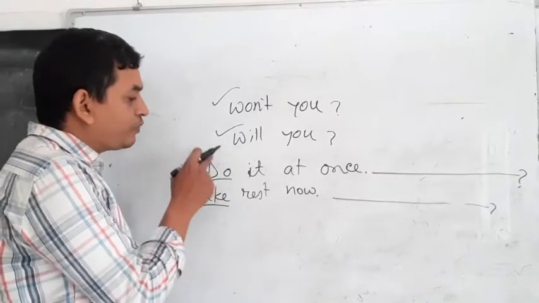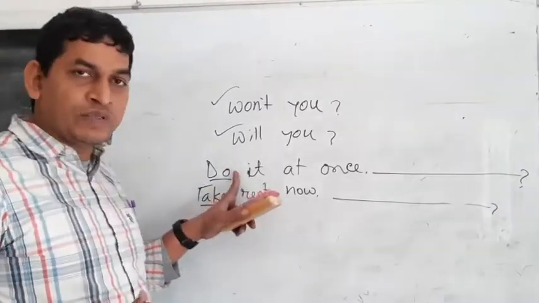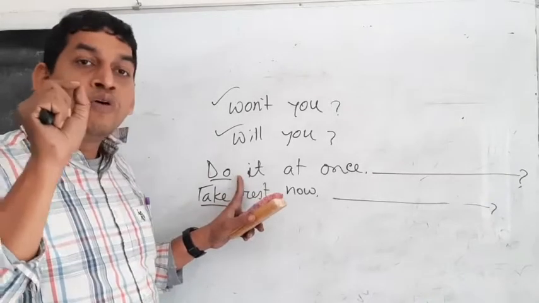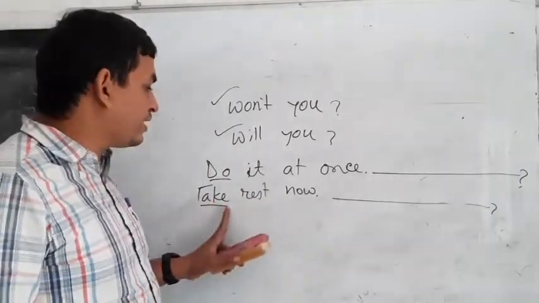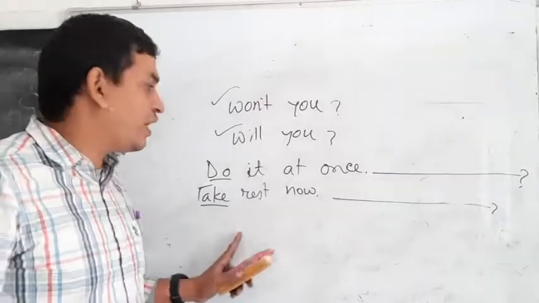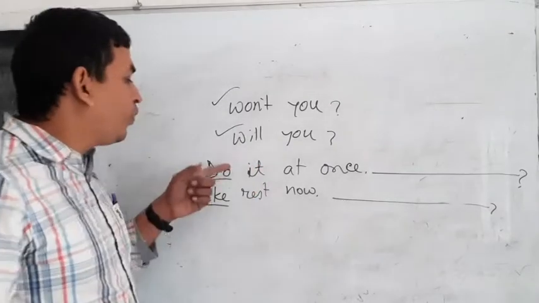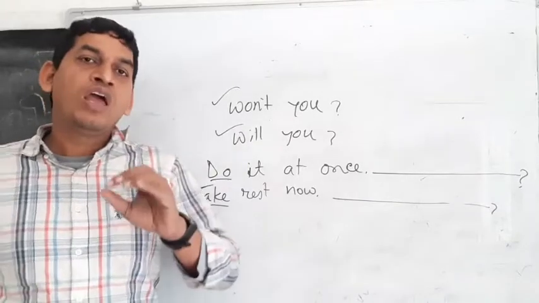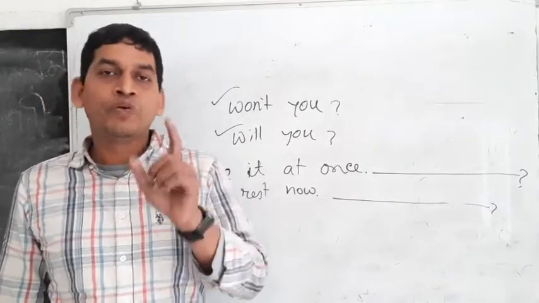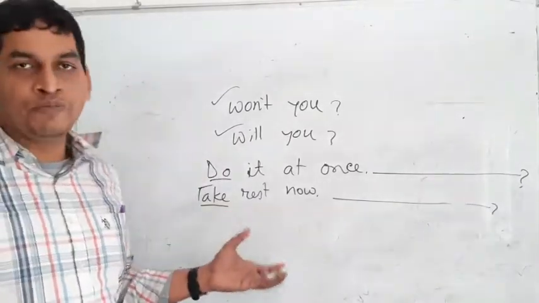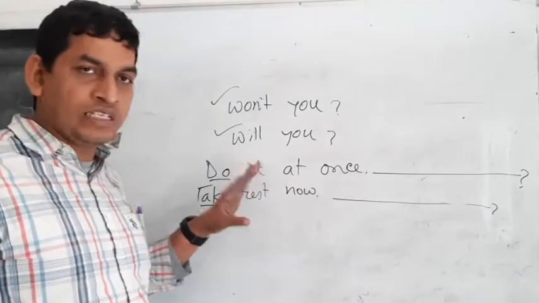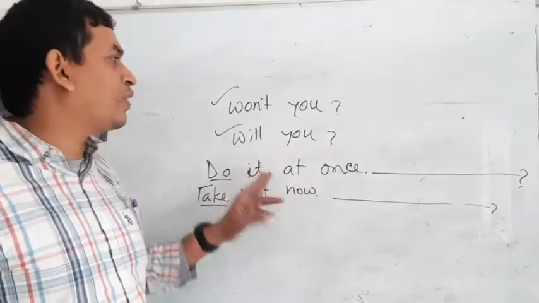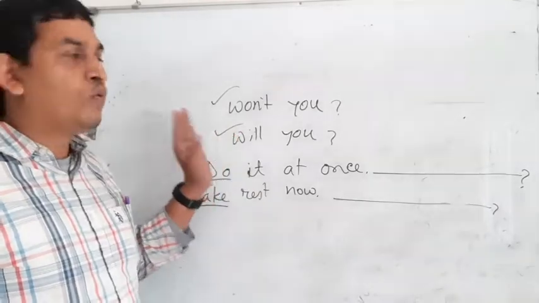This sentence is an imperative sentence because it denotes a command or order. Take rest now is also advice. So as these sentences denote order and advice, you know that if any sentence refers to order, advice, command, or prohibition, we must term the sentence an imperative sentence. So as these are imperative sentences, we have to write won't you or will you, whatever the subject is.